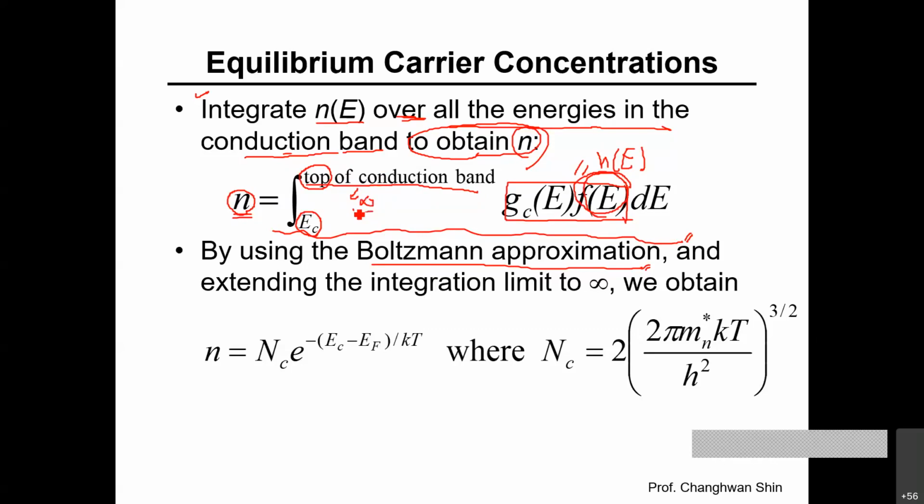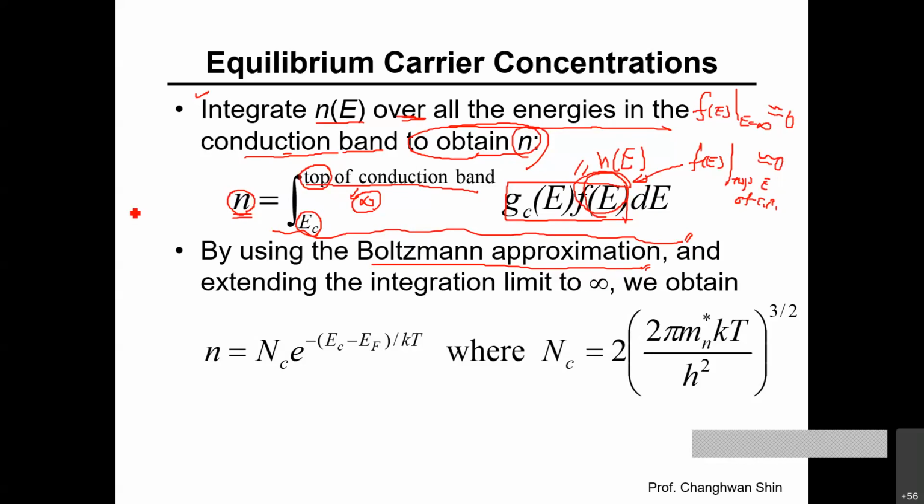But why is plus infinity good enough to estimate the top edge of the conduction band? Because the Fermi function f of E at the top energy level of the conduction band is almost zero. And f of E when energy is infinity is still zero.